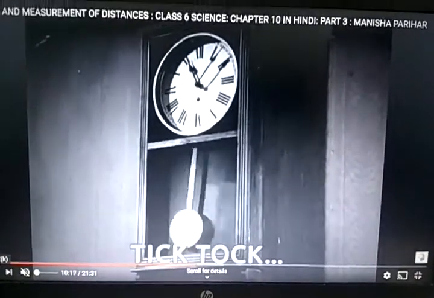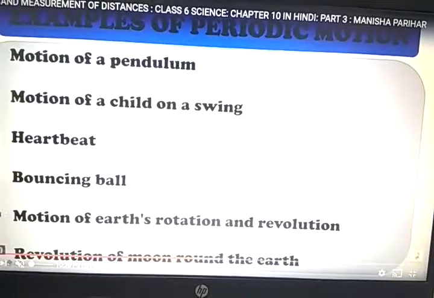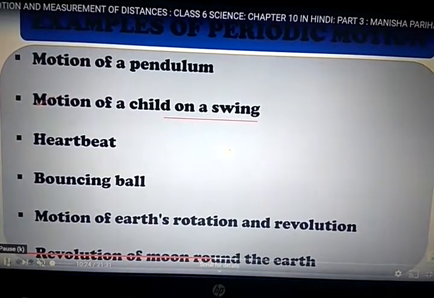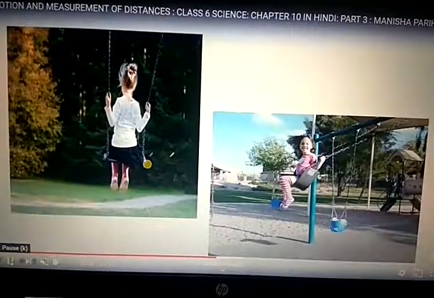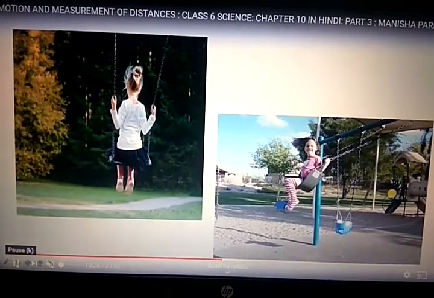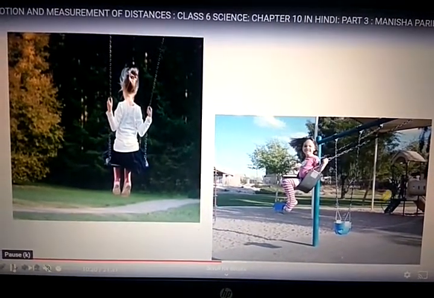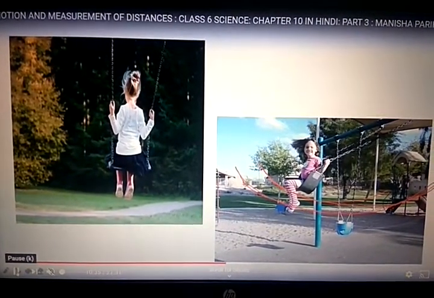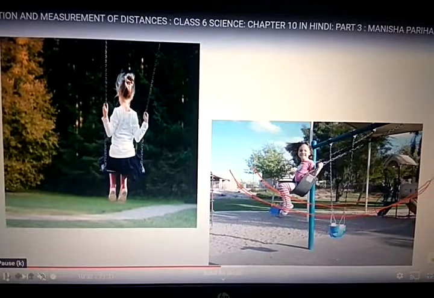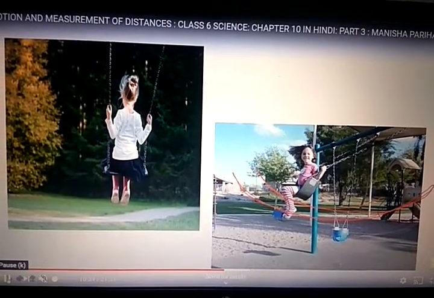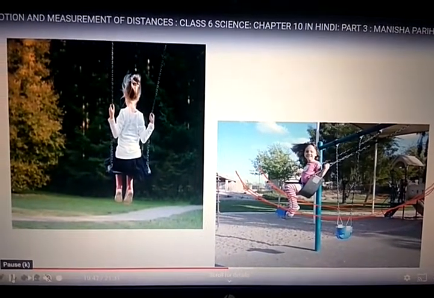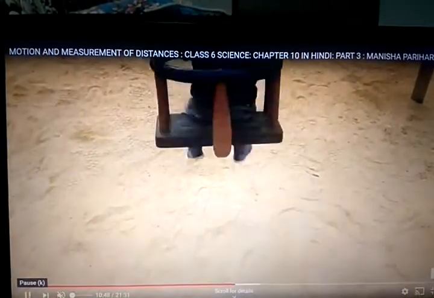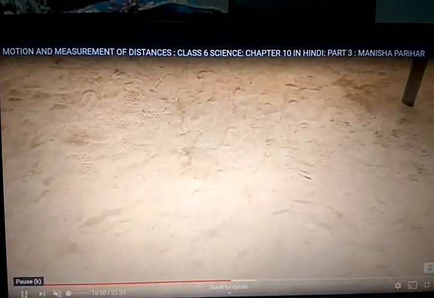This is also a pendulum, motion of a child's swing, heartbeat, bouncing ball. Here the child is swinging about its fixed position, periodic motion. Swinging.